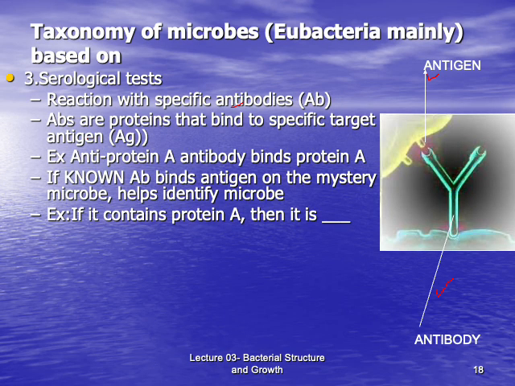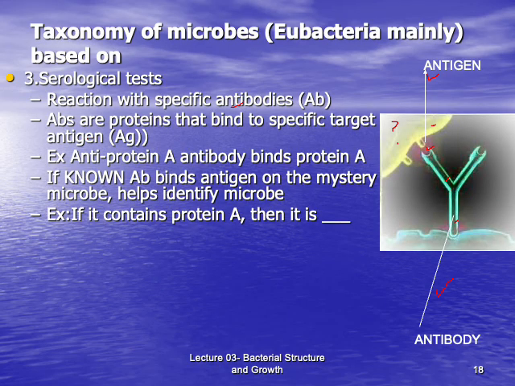So let's say this is the anti-protein A antibody, and it's looking for protein A. And let's say this is protein A. You say, oh yeah, the anti-protein A antibody is there. It finds protein A, it binds. And so we can say, this mystery microbe has been bound by anti-protein A antibody.